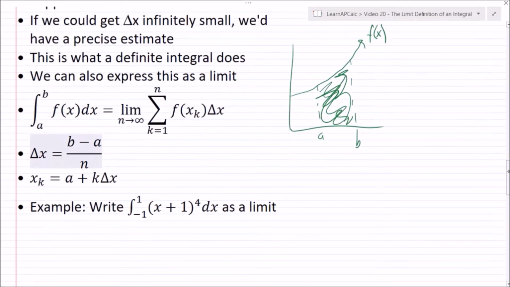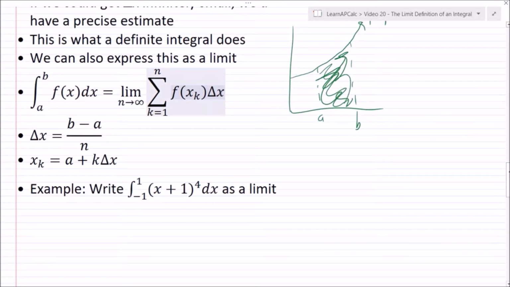Now, this looks a little weird, but it can actually be written in a way that can be solved. So, take for example, this one right here. Write this as a limit.